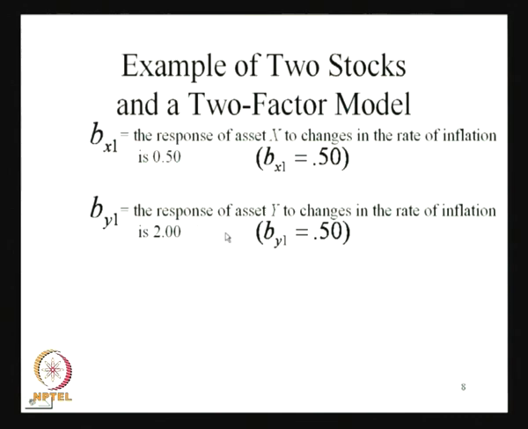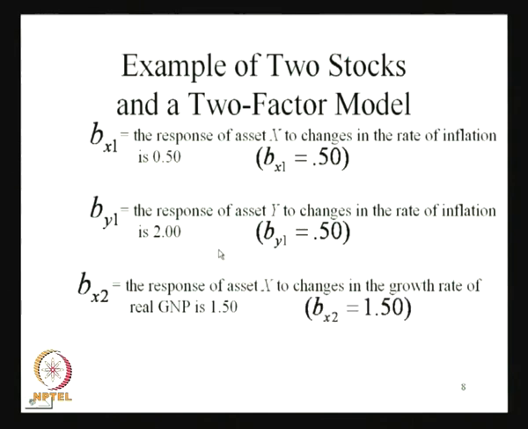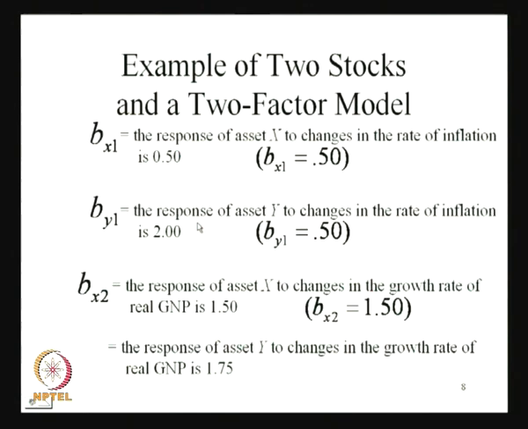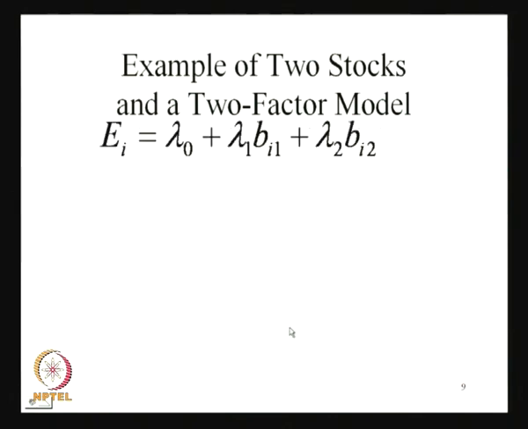Let the response of asset x to the change in rate of inflation be 0.5, the response of asset y to the change in rate of inflation be 2, the response of asset x to the change in growth rate of the GNP be 1.5, and the response of asset y to the change in growth rate of the GNP be 1.75. Therefore, beta x1 is 0.5, beta y1 is equal to 2, beta x2 is equal to 1.5, and beta y2 is equal to 1.75.